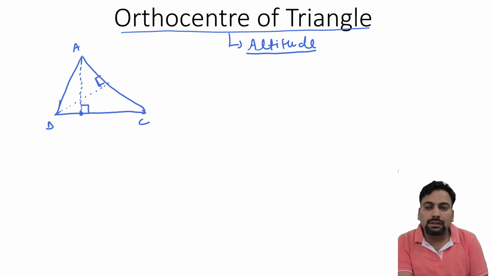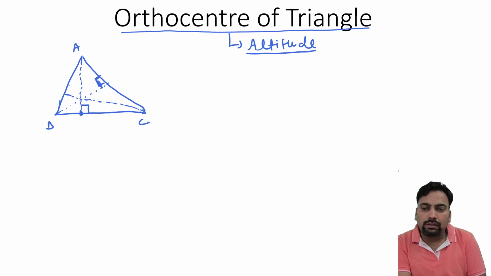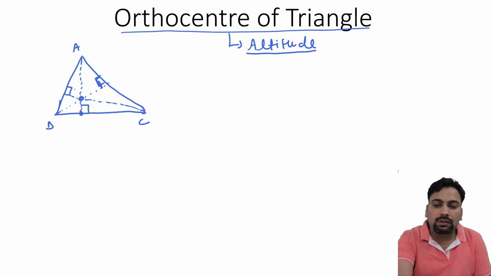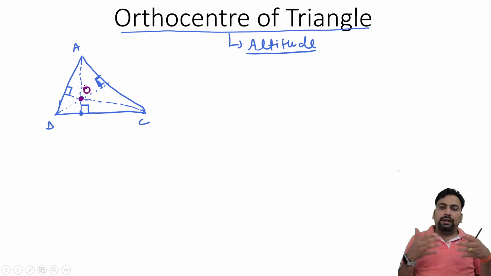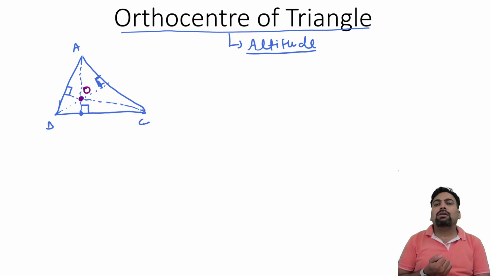From the point C, this is your altitude. So this point is the orthocenter. When all the altitudes from the vertices intersect each other at a point O, that point O is called the orthocenter.